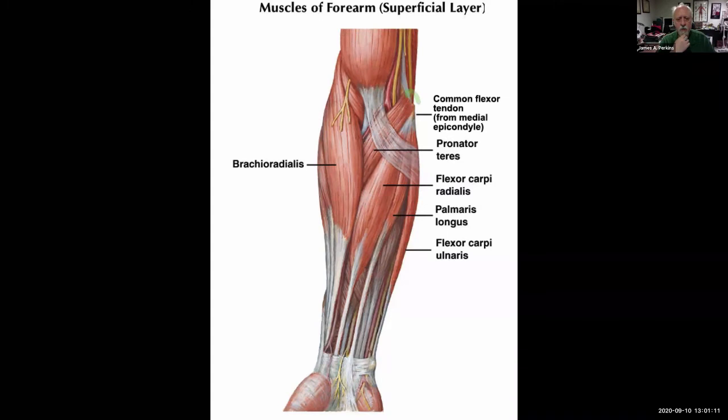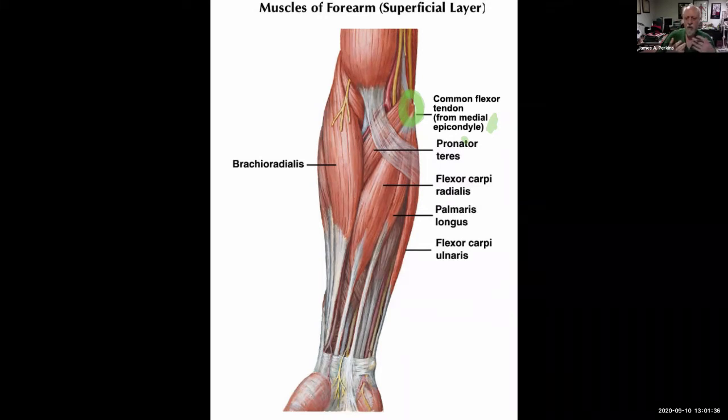One thing about a lot of these anterior compartment muscles, many of them have their origin from something called the common flexor tendon. This is a tendon that originates from the medial epicondyle of the humerus. So I mentioned before about how a lot of these anterior muscles are shifted more towards the medial side.